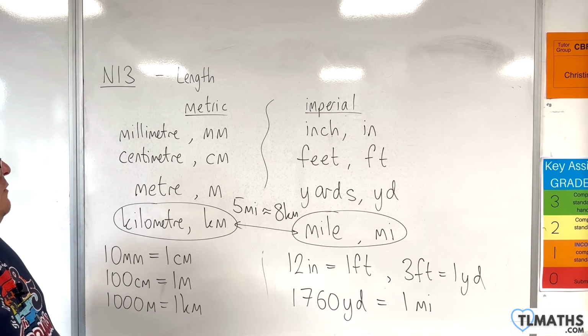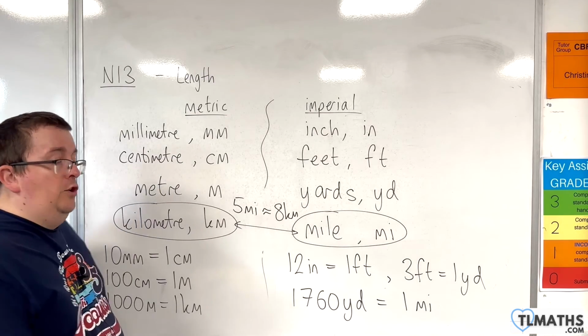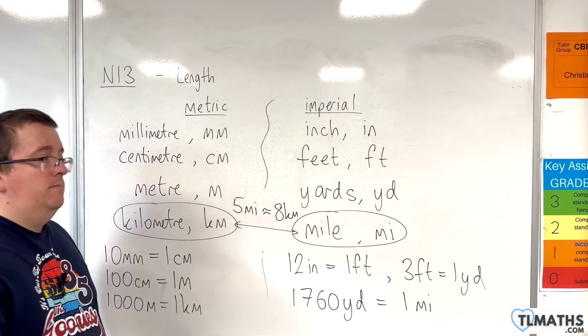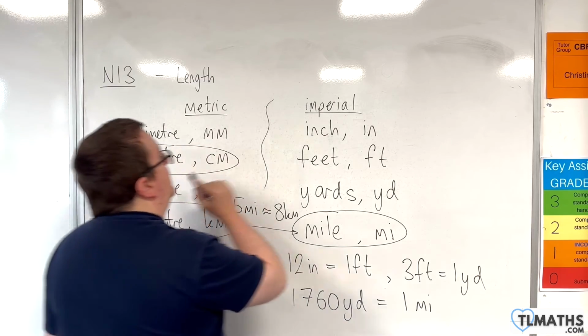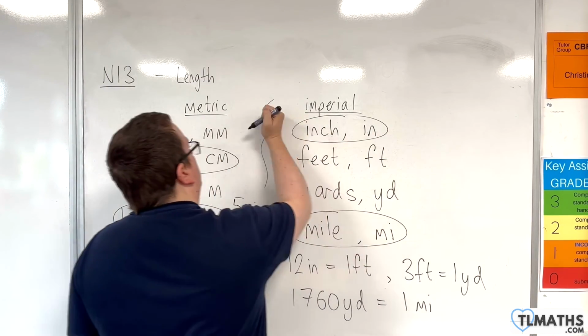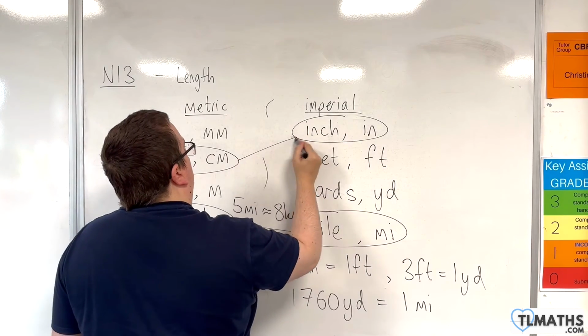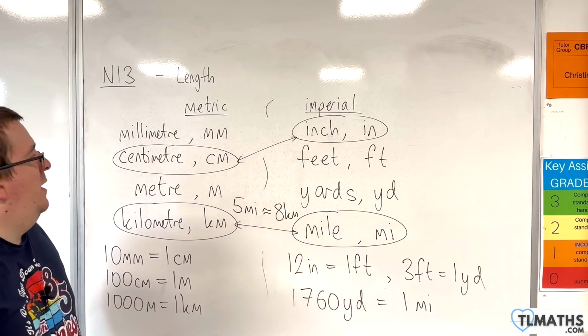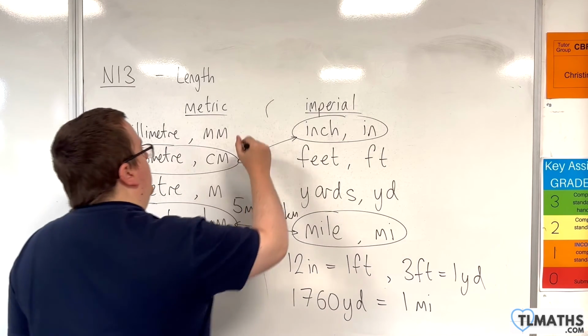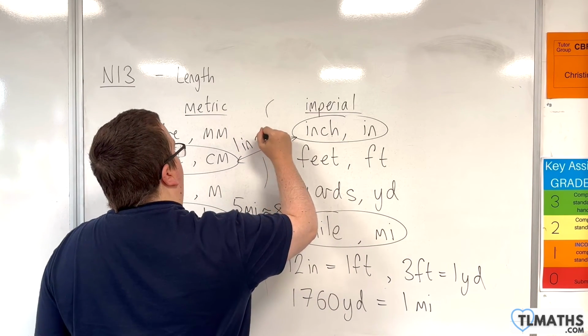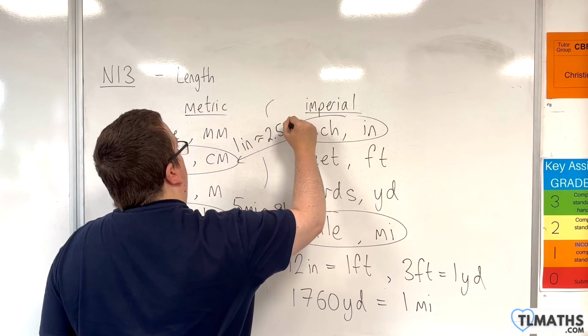Another one that is probably useful to know, but you can also double check on a ruler as well, because your ruler probably contains both centimetres and inches. So quite a common way of remembering how to convert from centimetres to inches is that 1 inch is approximately 2.5 centimetres.